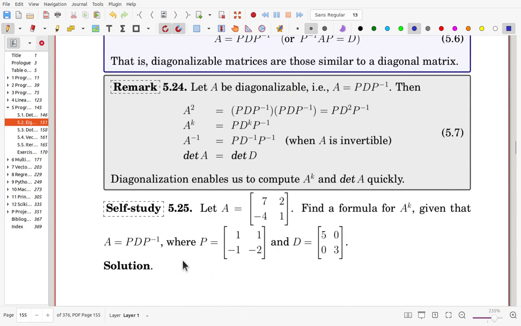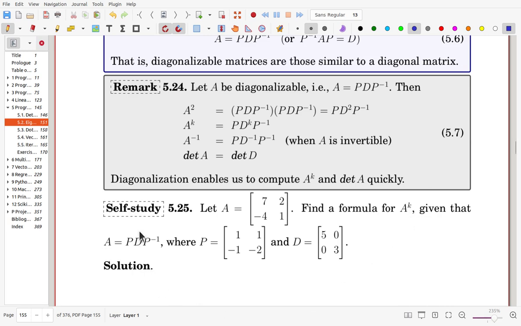Now, we have a self-study problem. For the given matrix, P and D are given, so that A is similar to D, and you can find a formula for A to the k.